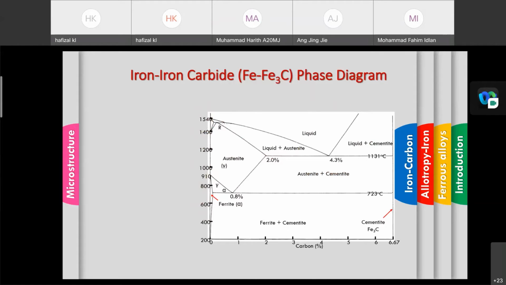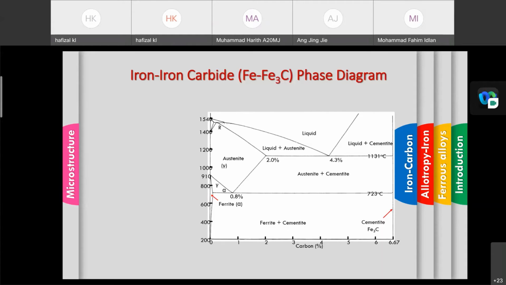Okay, so previously we already learned about the liquid, and also we have alpha, and we also have beta. Two combinations of material, and also we have alpha plus liquid, beta plus liquid, alpha plus beta. In this case, we have different types of alpha and beta because iron has its electron.